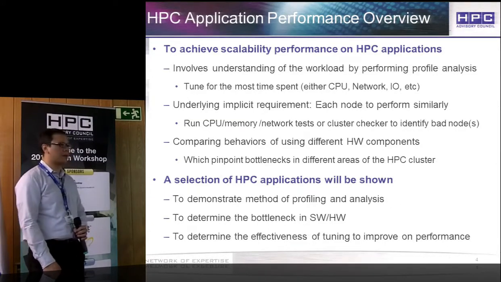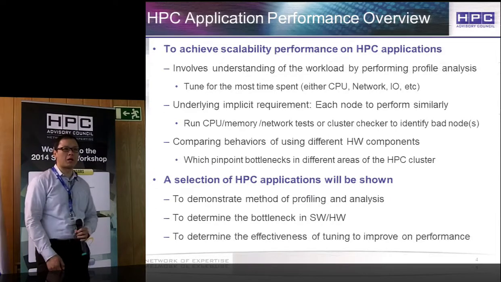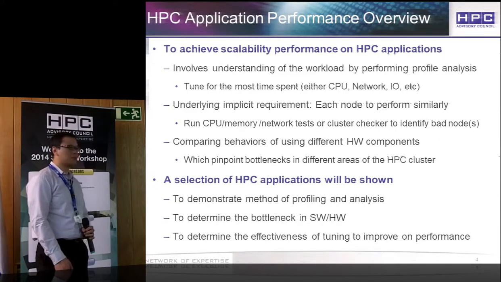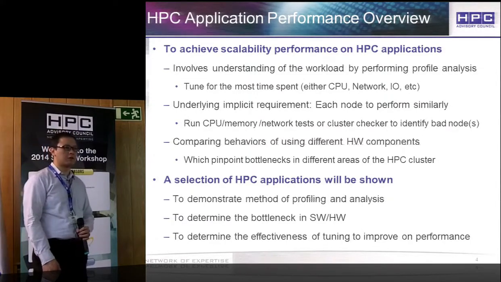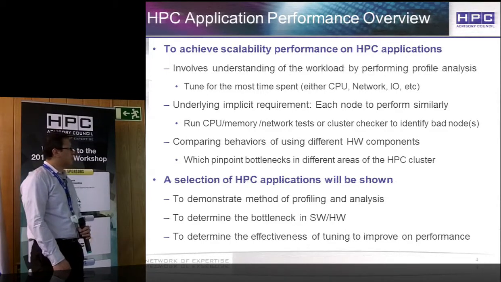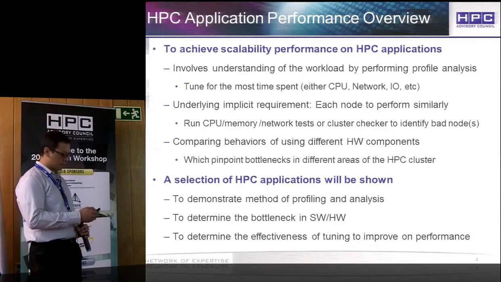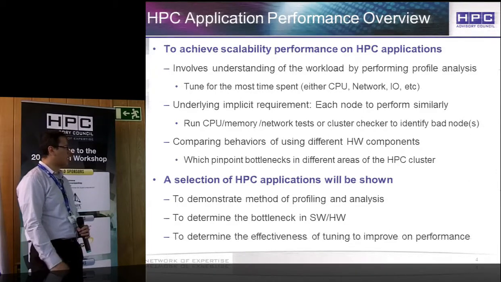By understanding which part is taking the most time, you get a sense of which parameter to tune to get the most bang for the buck, the most benefit. By doing an application profile, you get to understand the percentage of time spent on the CPU side, the network side, or the file I/O side. In my opinion, this is one of the things that you should watch out for.